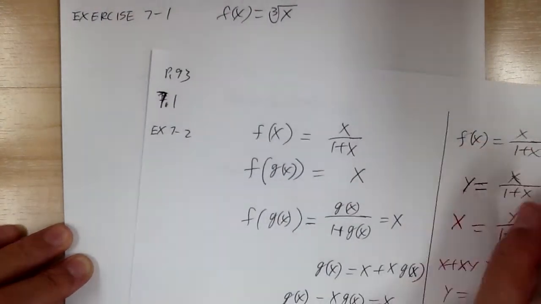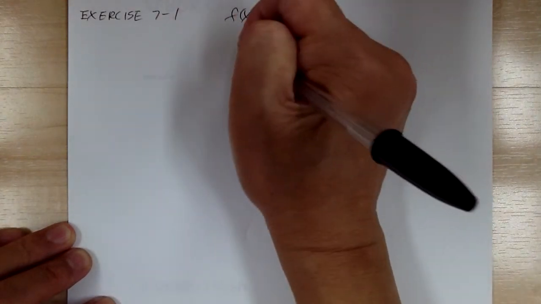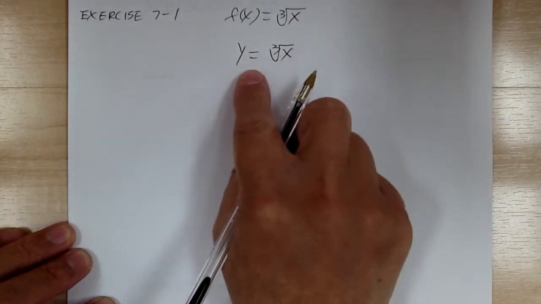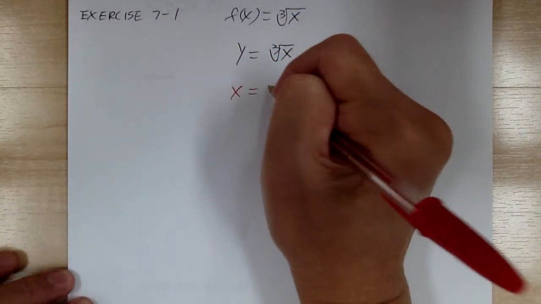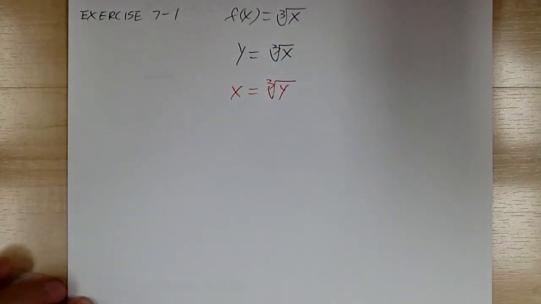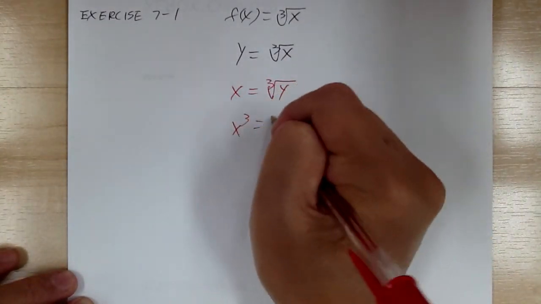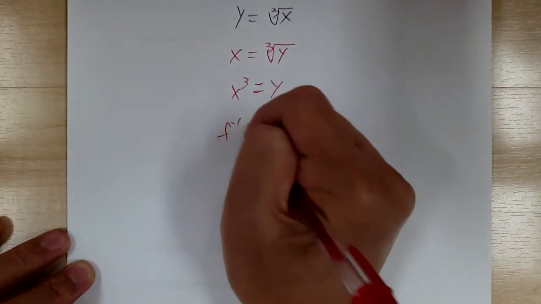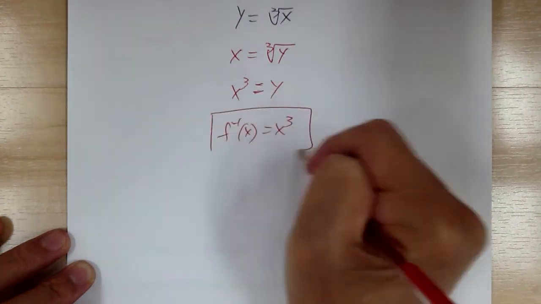I'm more comfortable with this method, okay? So I'm going to just make this equal to y. I'm going to exchange x and y. Okay, then after that I'm going to cube both sides. So x cubed equal to y. And that is your inverse function. So the inverse function is x cubed.